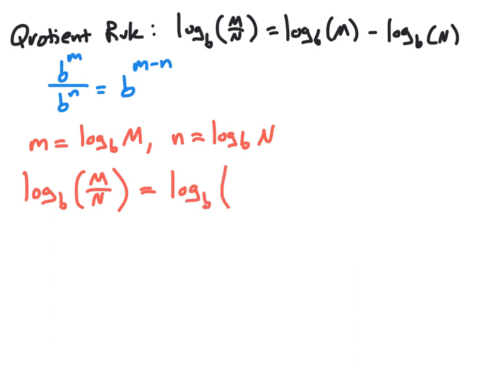Capital M will be b to the m, lowercase m. This is the analogous fact, the exponential form of m equals log base b of capital M.